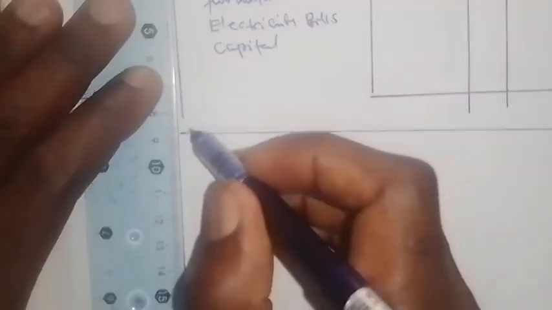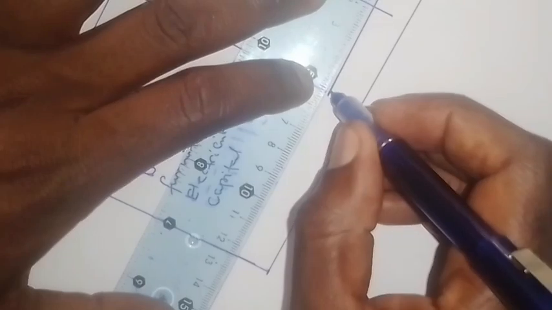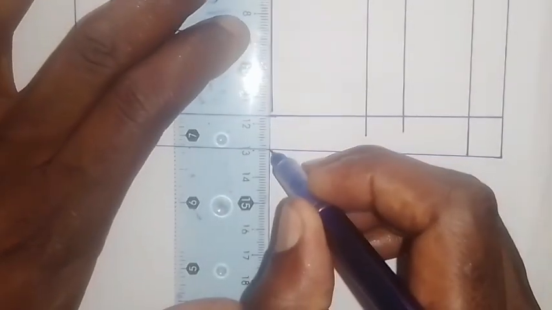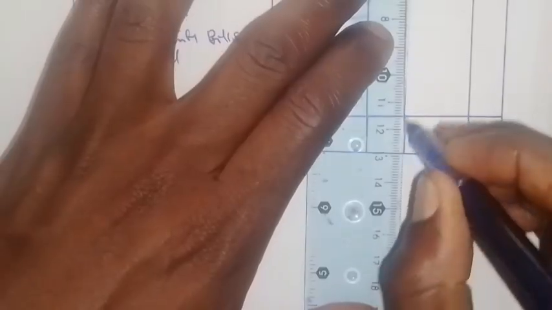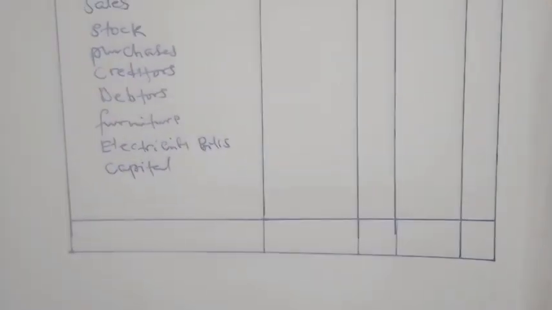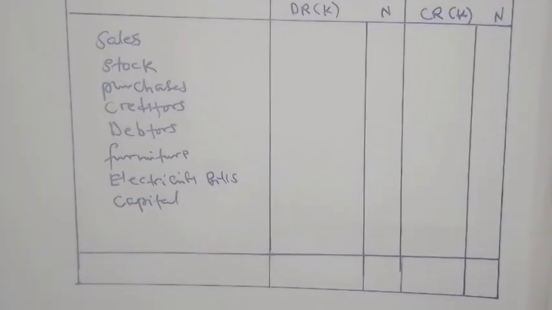Okay, so now you can see that we have closed this part. So we are closing. Okay, so now you can see that we have something very neat.